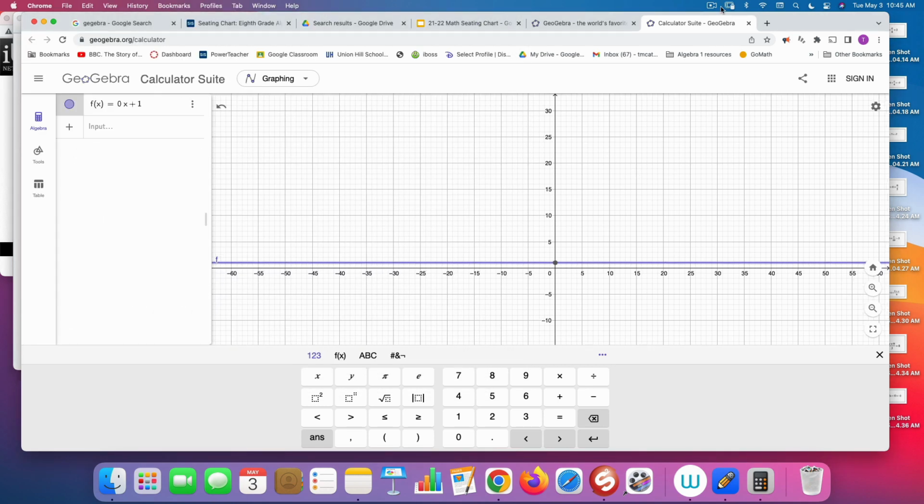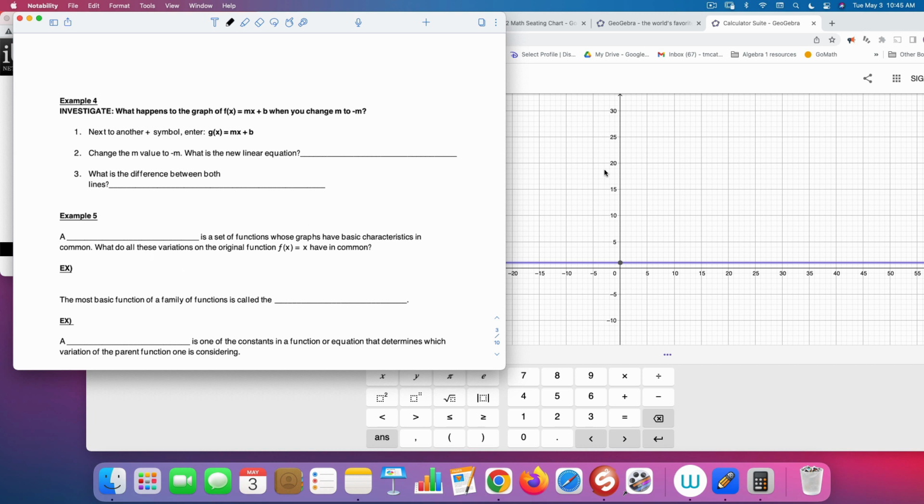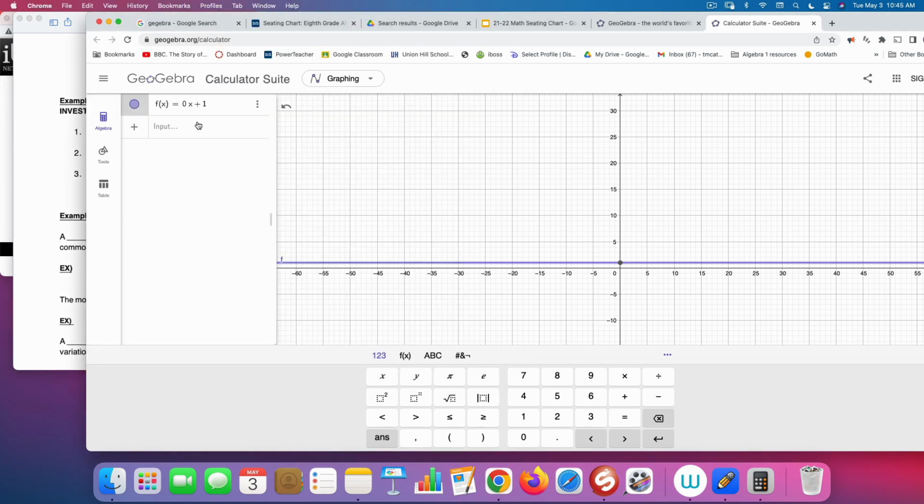And last one. Let's go back up to your function, and you're going to type in g of x, hit enter, leave this one as 0x plus 1. Type in g of x equals, this time we're going to plug in a negative.